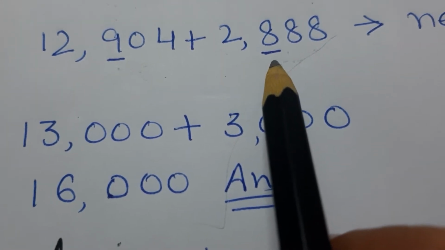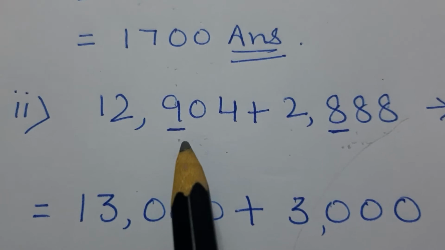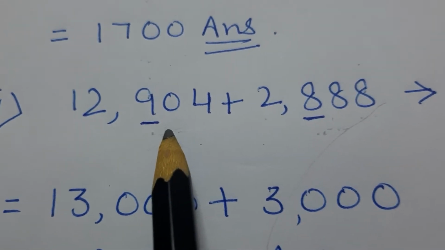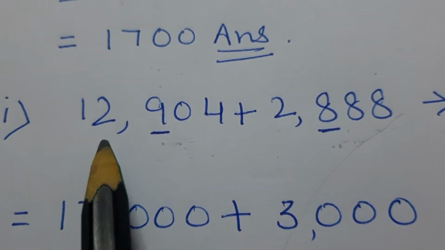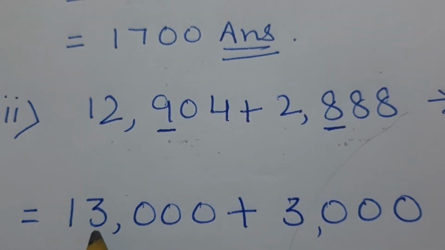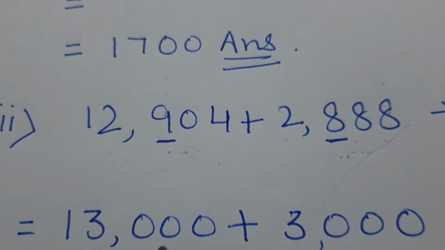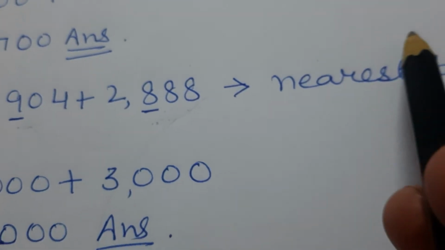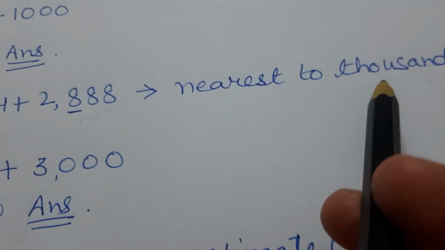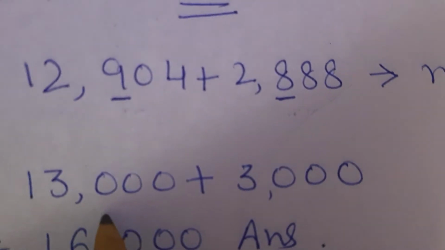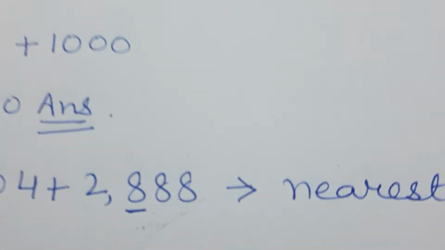So for rounding off nearest to 1000, we will focus on the hundreds place digit. Okay, the digit on the hundreds place. So here it is 9, which is greater than 5, so this number will be rounded up. So 12 will become 13 thousand, because we are rounding off nearest to 1000. So it will become 13,000.